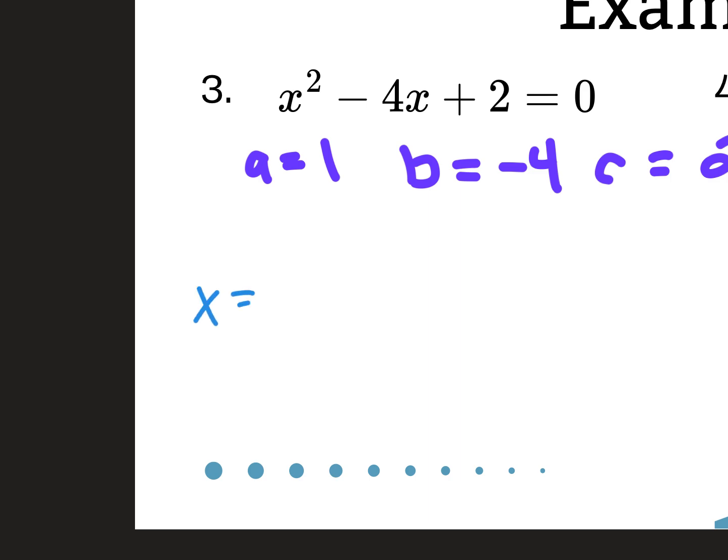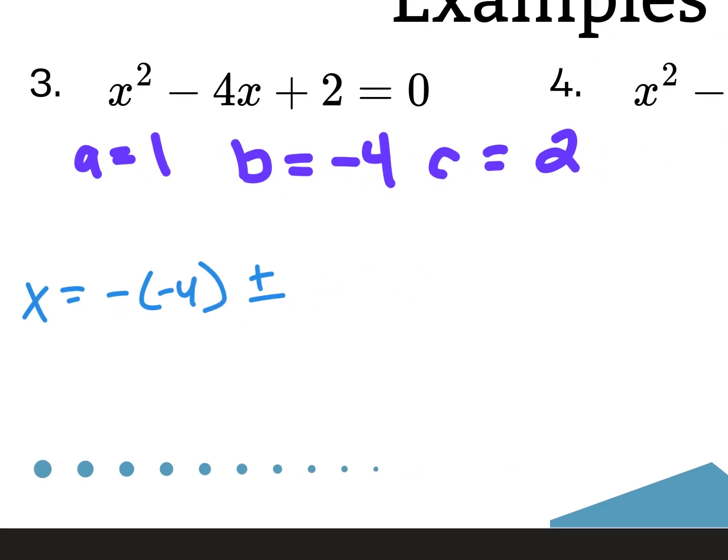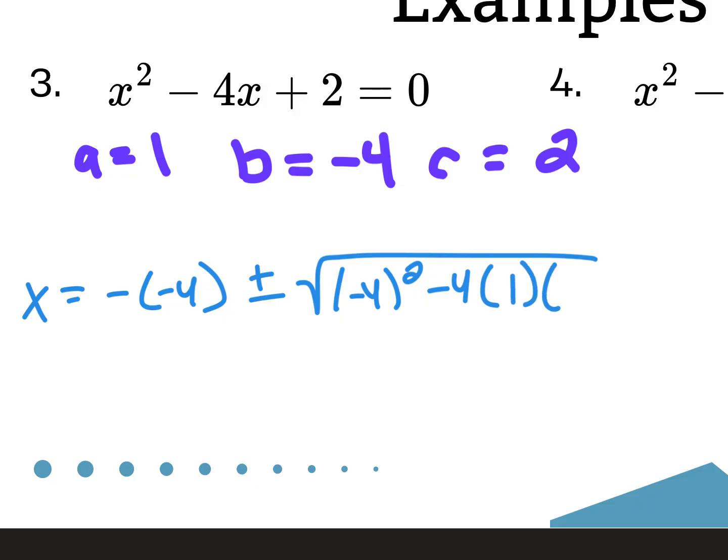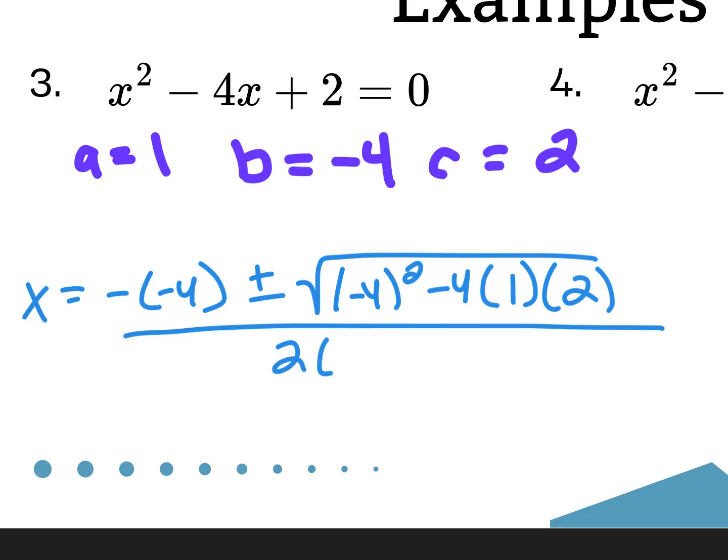X equals negative B. So -4 plus or minus the square root of what? -4 squared minus 4 times what's A? 1 times what's C? 2. And we're going to divide all of that by 2 times A, which is 1.